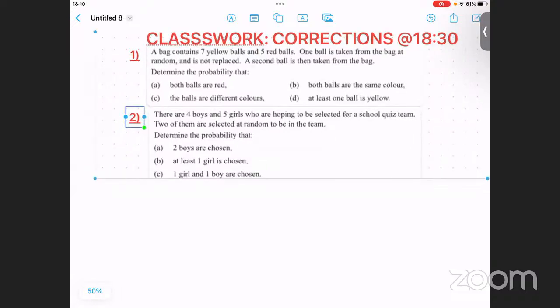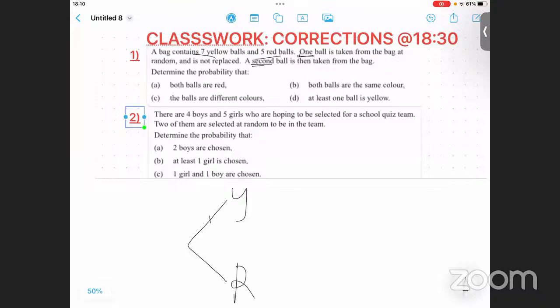Okay. So now the first thing that we're gonna do, we're gonna draw a tree diagram. They said one ball is taken out, and then a second ball. So there's a first and the second. So that means it's how many colors? It's two colors. So we're going to have yellow and red. And then how many times do they take the balls out of the bag?